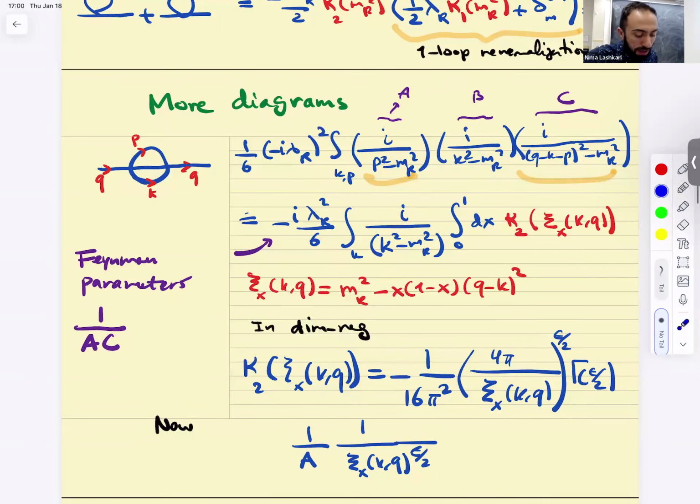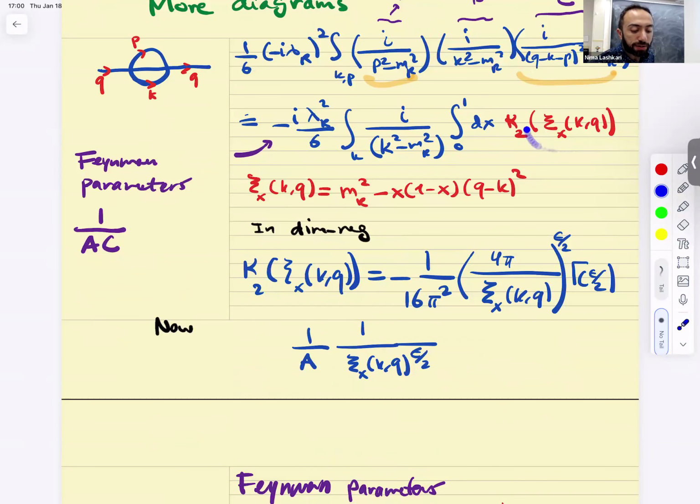You go back to your old notes, and you find that in DimReg, we calculated this guy. And in DimReg, this K2 thing was minus 1 over 16 pi, 4 pi over zeta of x of k and q to the power of epsilon over 2, gamma function of epsilon over 2.